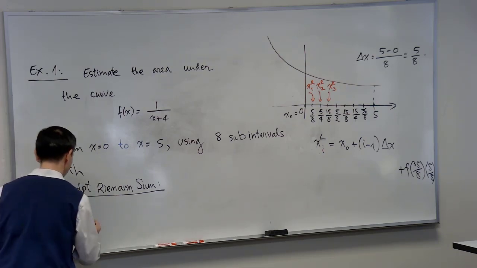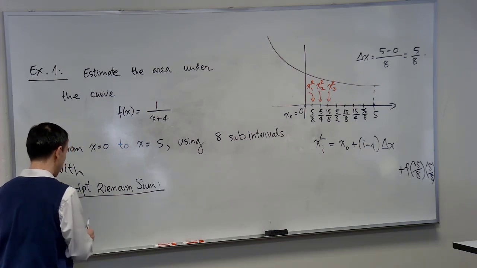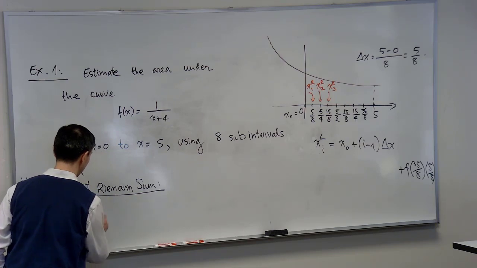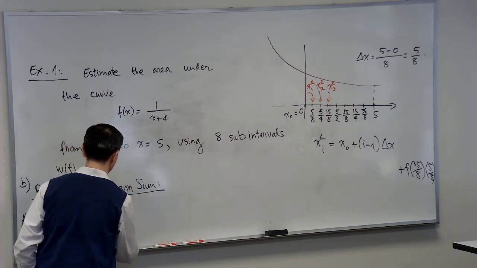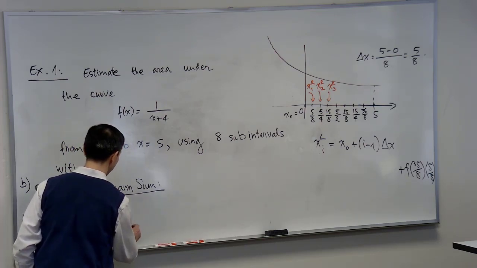So this time right here, we're going to make use of that common factor nature. So I'm going to have a 5/8 being the delta x, right? Multiply out front here, and in my brackets, I'm going to just have f of the first right-hand point, 5/8.